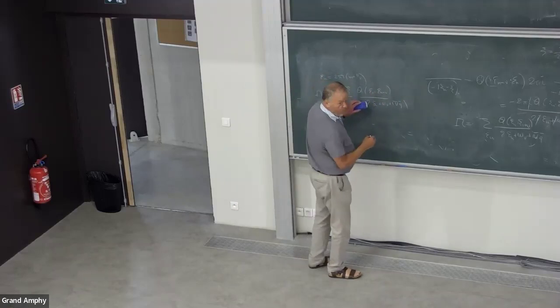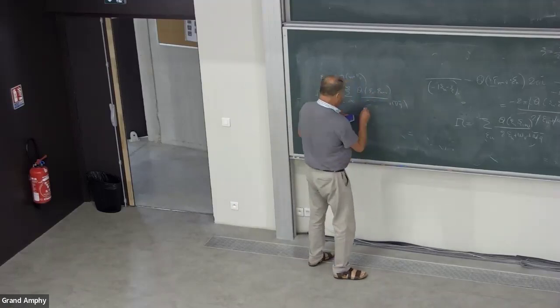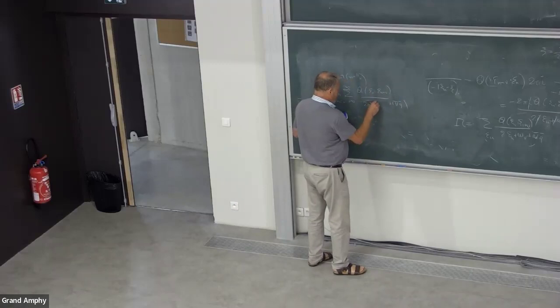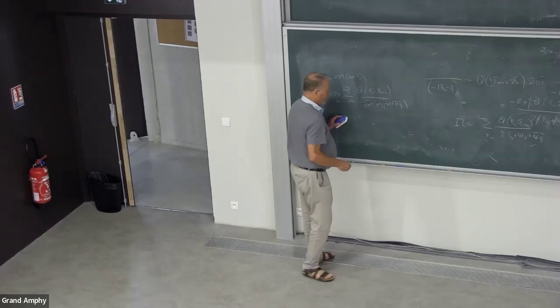Here I will put what 2 epsilon n is: 2 pi T times n plus half, plus omega nu.